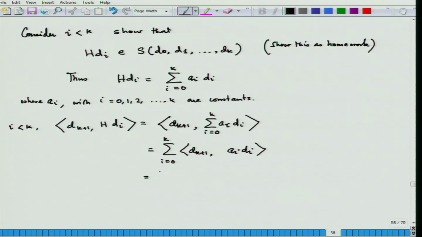Now, what is d k plus 1? d k plus 1 is nothing but minus g k plus 1 plus beta k d k.